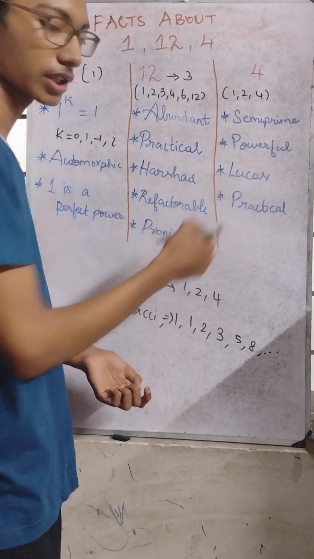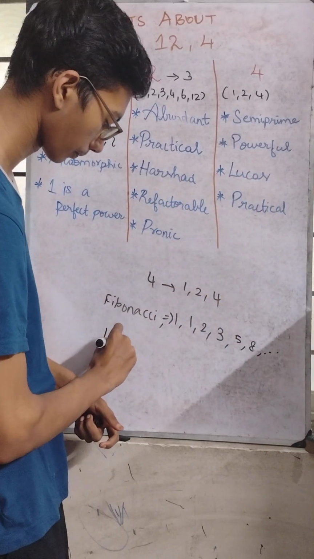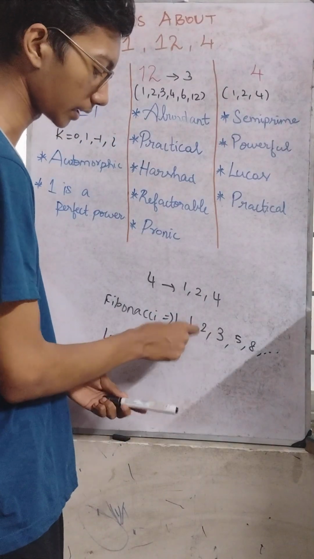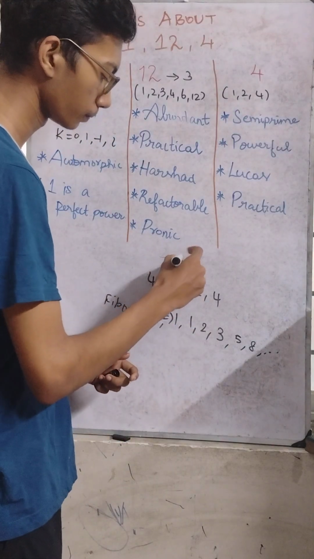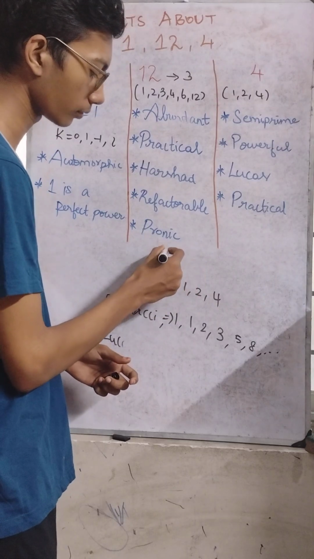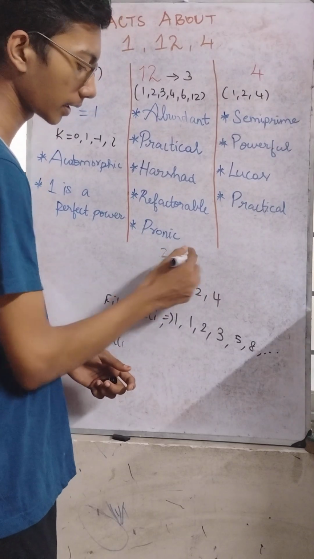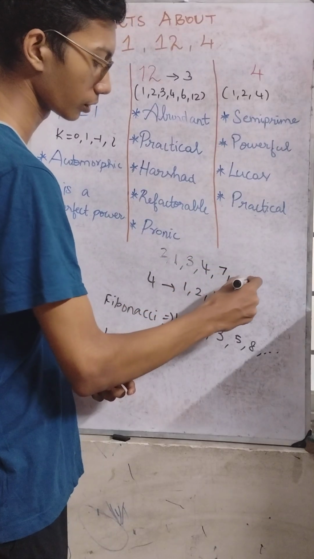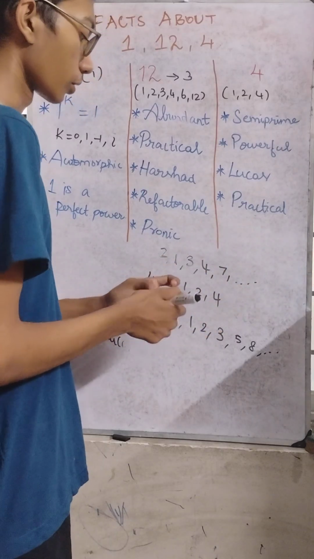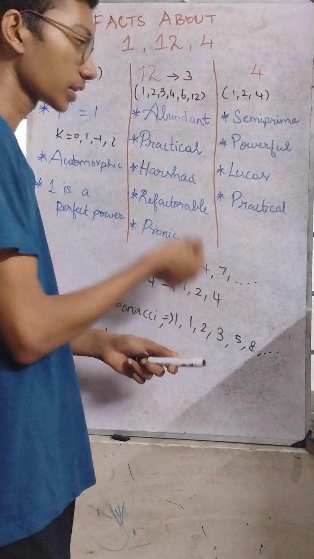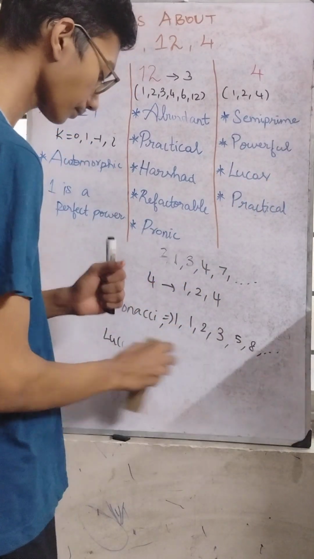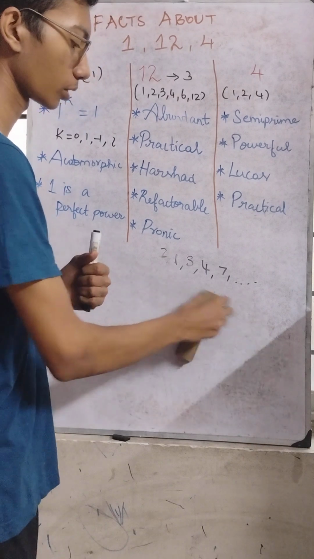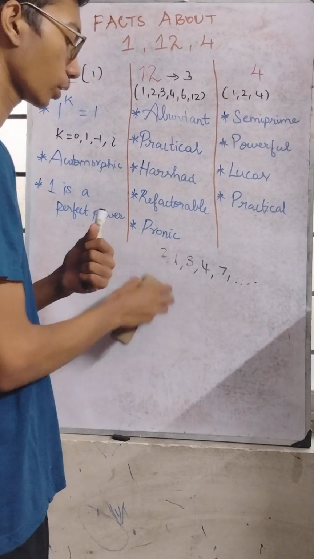Like that, the Lucas numbers are one such sequence, but it varies with the starting numbers. That is 2 and 1 will be the starting numbers. So we get 3, next we'll get 4, next we'll get 7. So this is how the sequence goes. Since 4 is in the Lucas sequence, it is called a Lucas number. We could say 1 is also a Lucas number, but it's a trivial one, right? So I didn't add it.